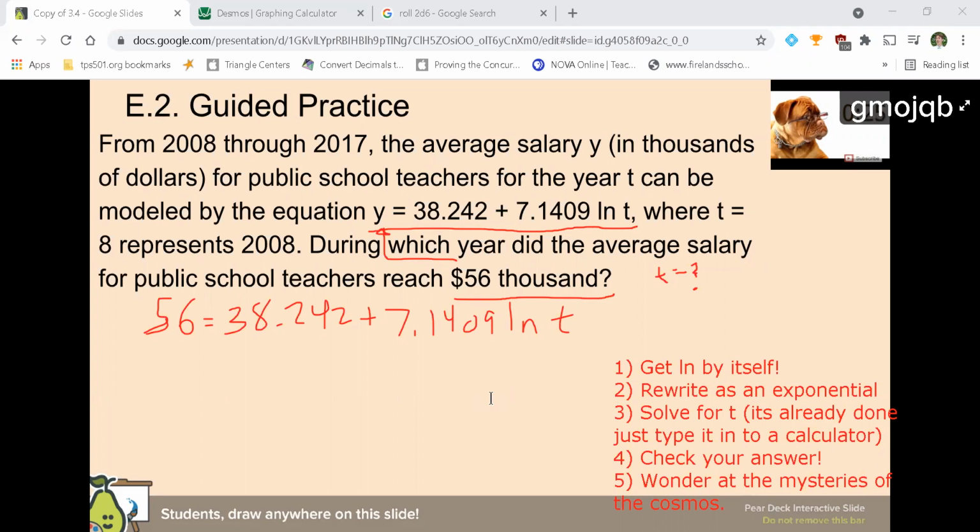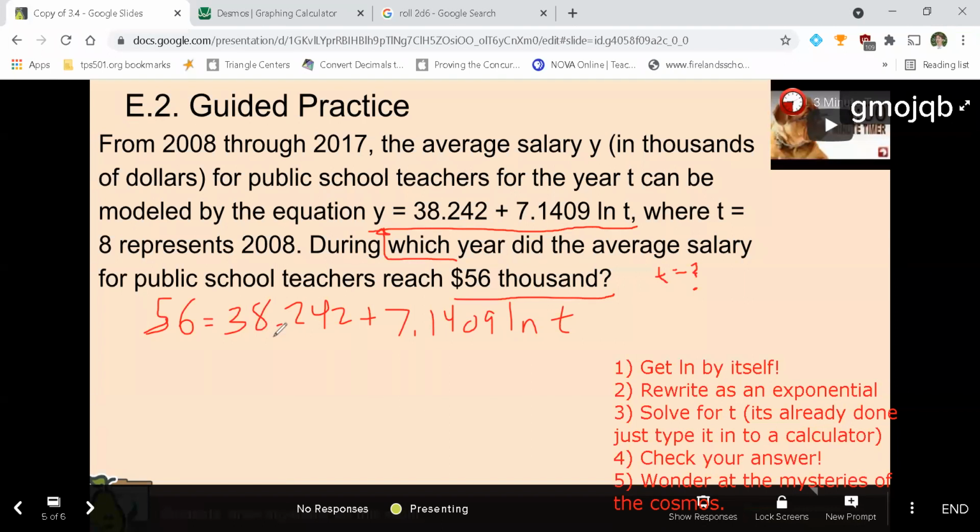We're trying to find what value t gives us this. That's right so far. Now rewrite it as an exponent. So this is log base e of t equals 2.4.